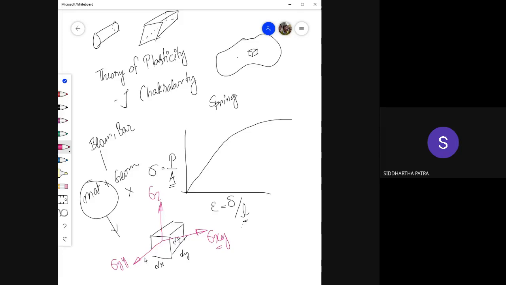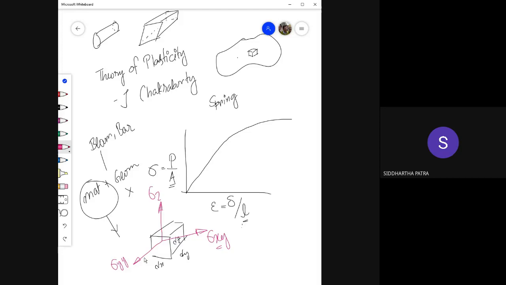Now these quantities, which are the manifestation of the actual behavior of the material, result, as we said, from how the material behaves internally.